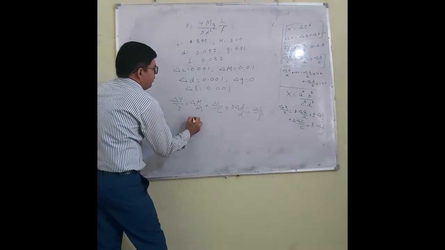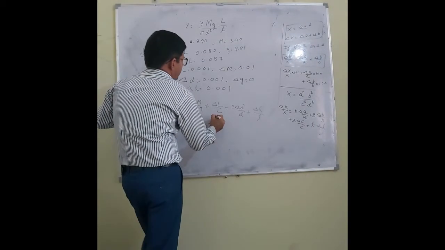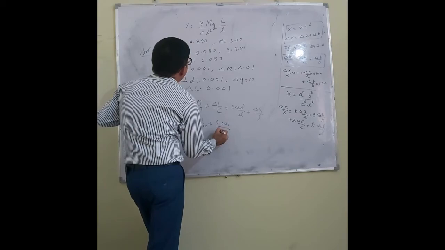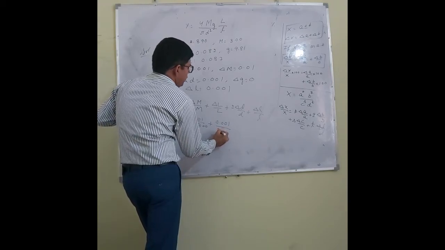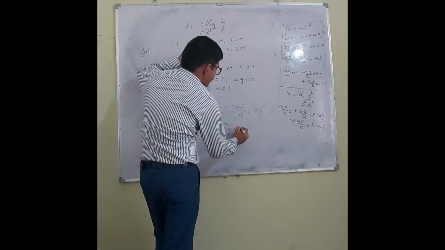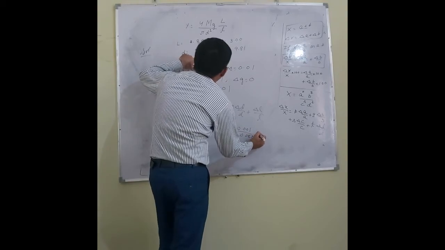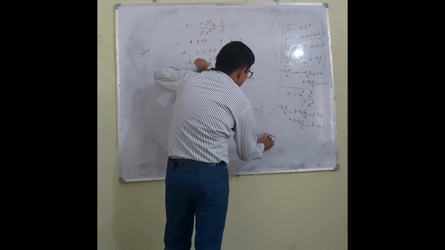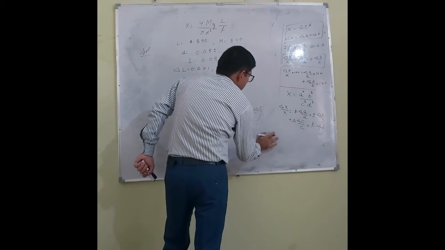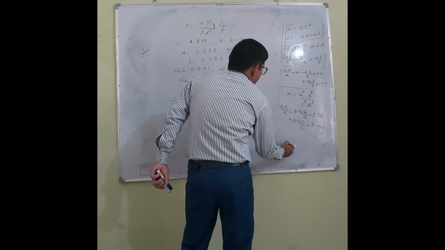It will be 0.01 by 3.00, plus delta L, 0.001 upon 2.890, plus 2 times delta d, 0.001 upon 0.082, plus 0.001 divided by 0.087. You just find out its answer.